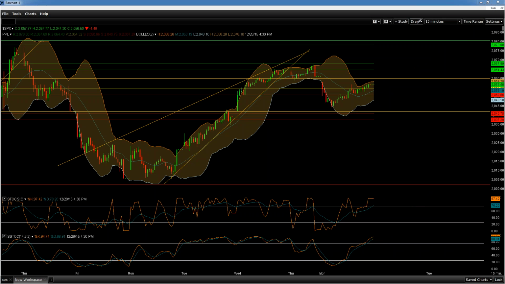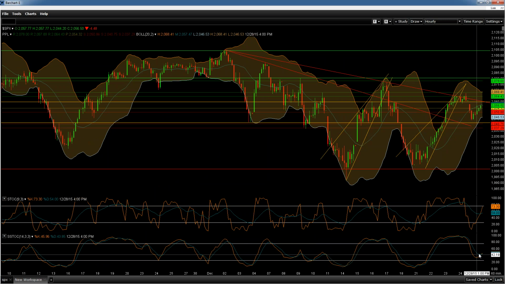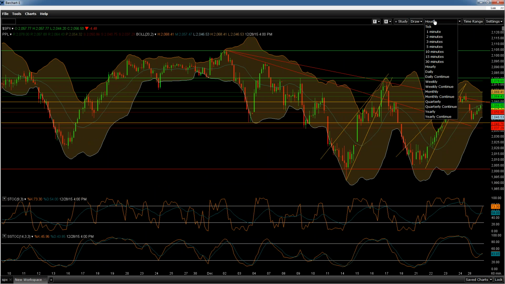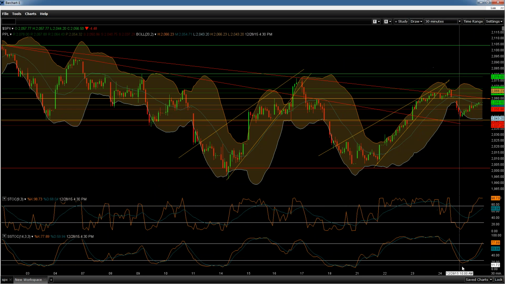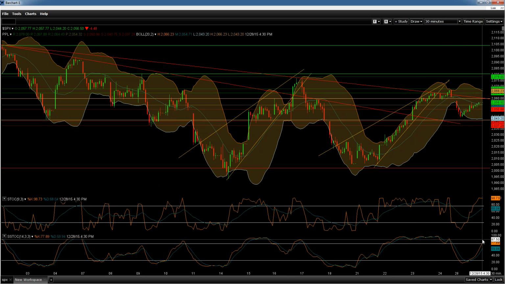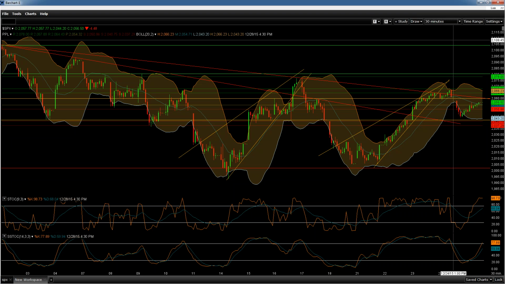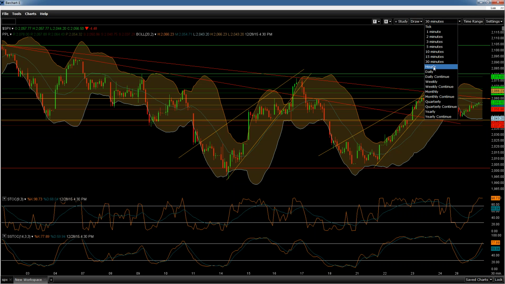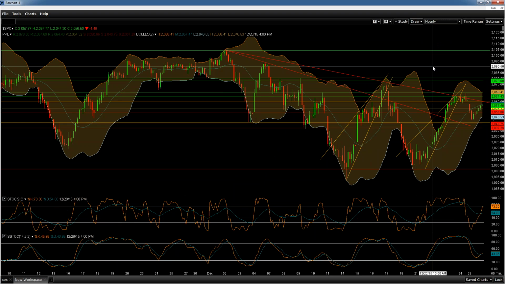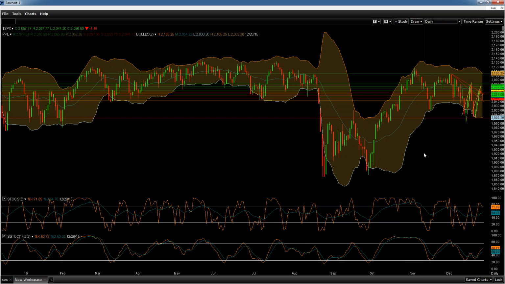Because when you switch it out to the hourly, it's a different story. When you switch it to a 30-minute, it's starting to get overbought. This is certainly overbought on the 30-minute. But if you're going to swing the trade, you're going to look at hourly. We're not overbought. On the daily, we're just starting. So what is this telling you on the daily, on the slow stochastics?